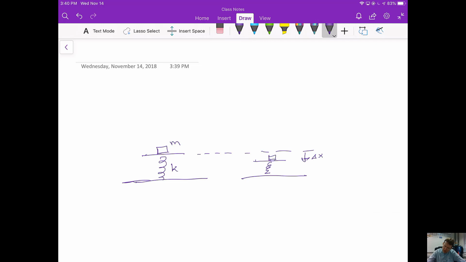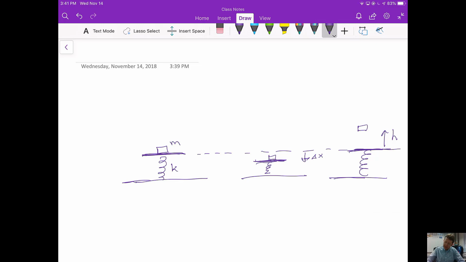The object comes off the platform and goes up to some maximum height, which we'll call h above the equilibrium position of the platform. We put an object on it, push it down, let it go so it can shoot upwards. And the question is how high from the equilibrium position does the object go?